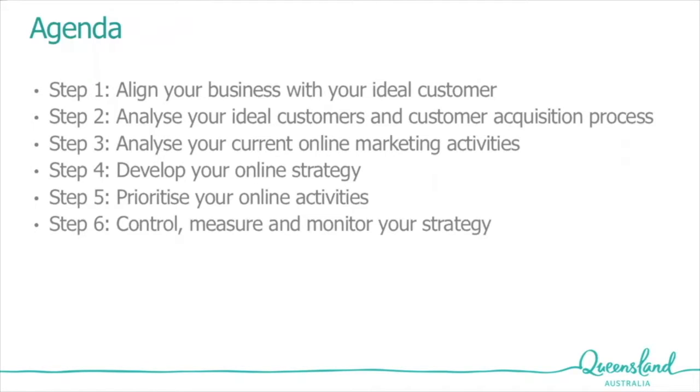And the steps are these: aligning your business with your ideal customer, analysing your ideal customers and the customer acquisition processes that they use, analysing your current online marketing activities, then pulling it all together, your current and newly identified online activities, into your online strategy. Then you prioritise the online activities that will actually make that strategy happen. And then we talk briefly about controlling, measuring and monitoring your strategy.